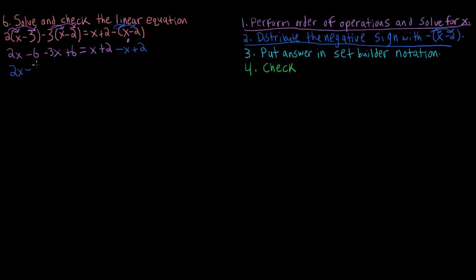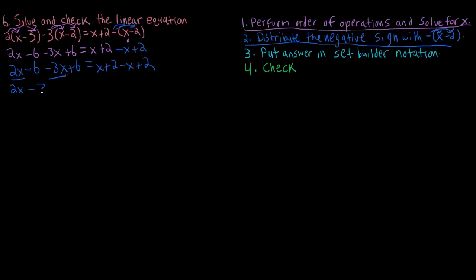So 2x minus 6 minus 3x plus 6 equals x plus 2 minus x plus 2. Again, I didn't really need to rewrite that, but let's actually group together like terms.